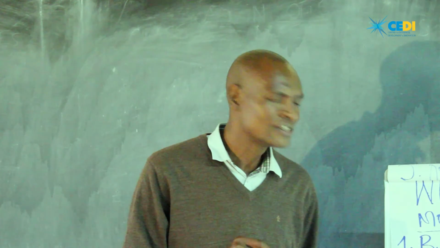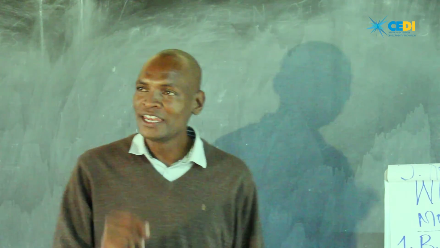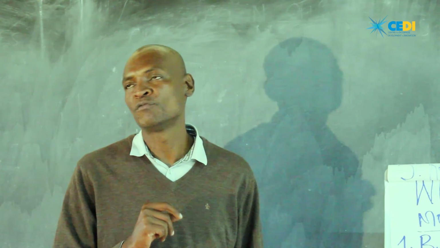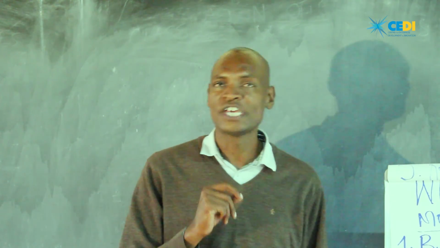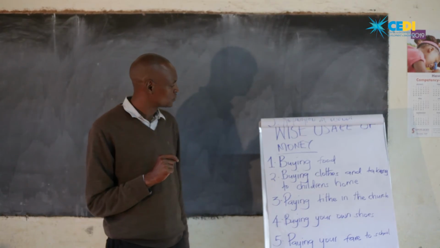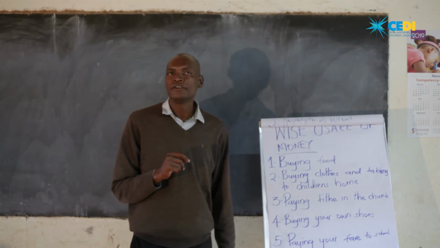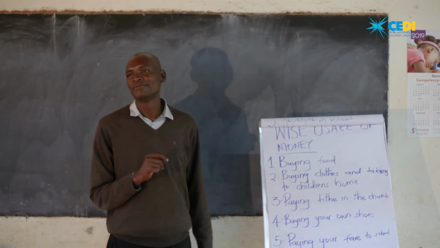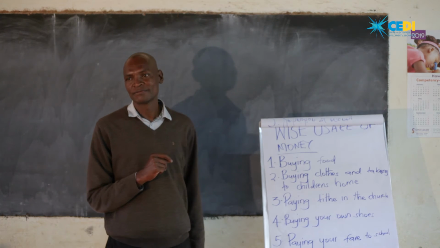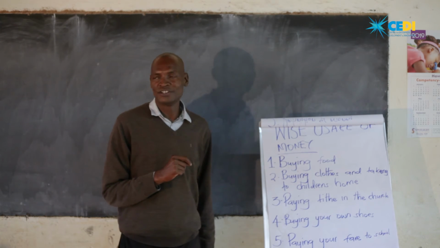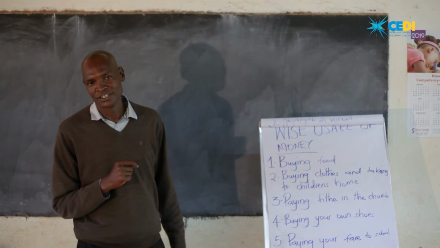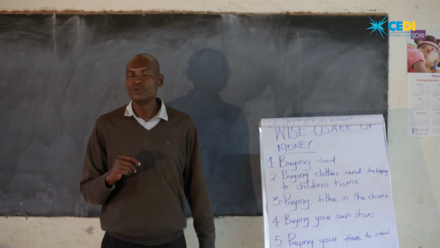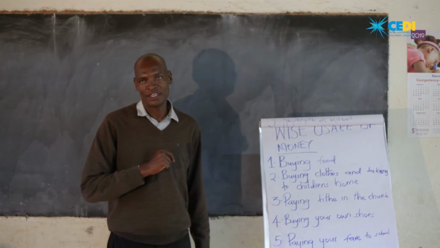Because in some cases, some men lure them with money and then they behave badly. So that is one example of a wrong use of money. There are many other examples of wrong uses of money. So, some of you, I know at this particular time, during this long holiday of Corona, you may be involved in some income generating activity. Should you get your little money, ensure you use that money in a wise way.